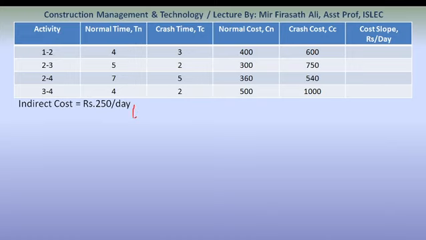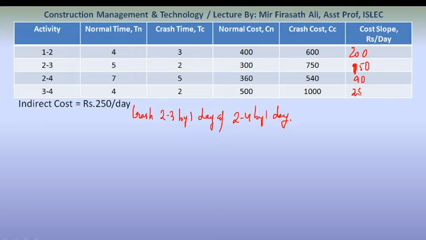Okay, crash 2 to 3 by 1 day and activity 2 to 4 by 1 day. What are these values? First one is 200, this is 150, this is 90, this is 250.